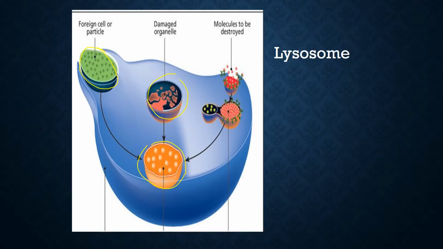And then molecules can be destroyed and then will be shipped out of the cell. Proteins also can be digested, especially if they've been misfolded or just are not properly in their right structure anymore.